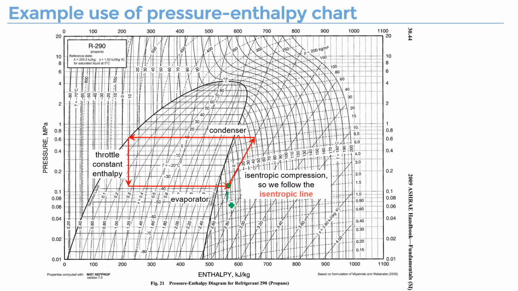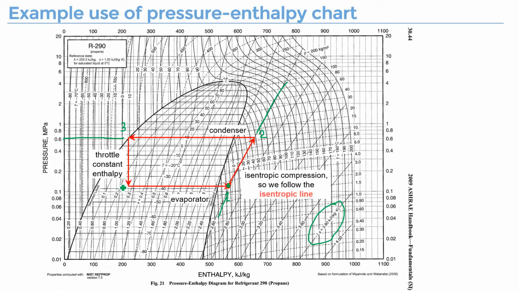But between point 1 and point 2, which is from the compressor, it is an isentropic state, so it must follow these isentropic lines. So you have these constant S values here. And from 2 to 3, constant pressure, as long as you know what pressure it is at the condenser side of this refrigerant.